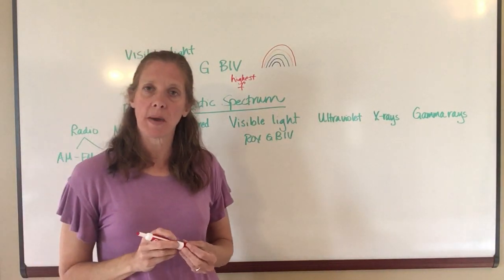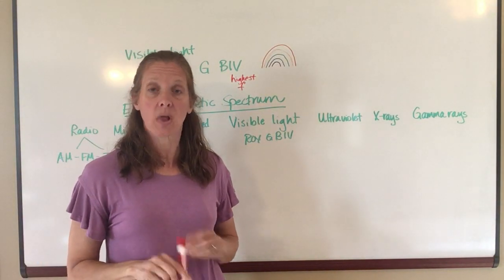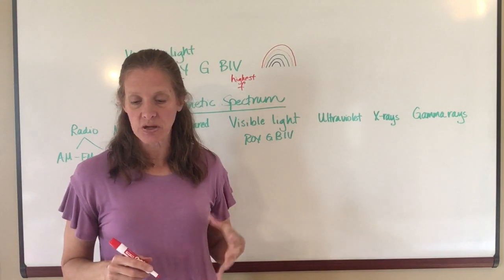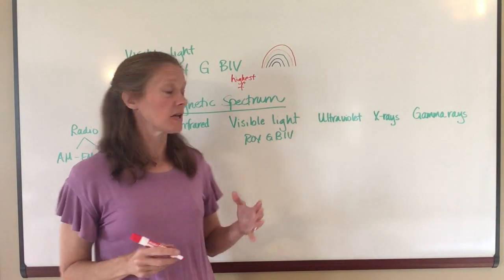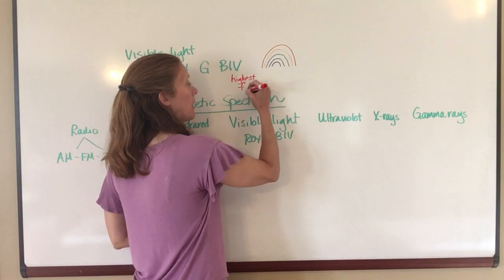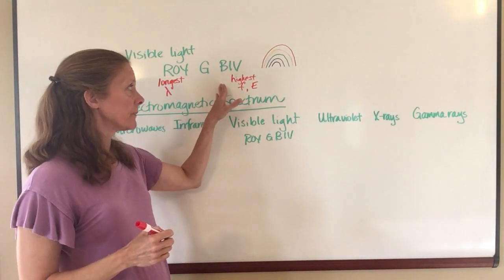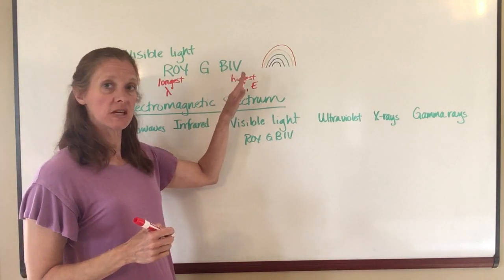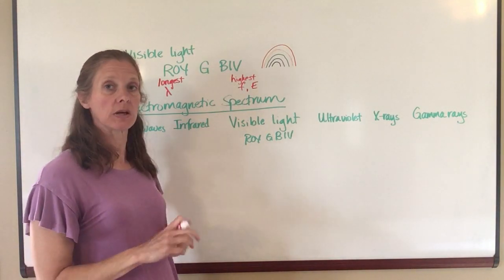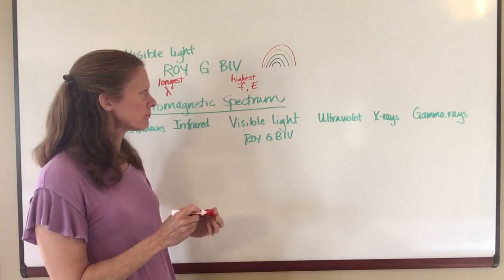And what did we learn about the frequency of light waves? Well, we know that the higher the frequency, the higher the energy that that light wave has. And this is going to make more sense now when we get down into the rest of the electromagnetic spectrum.